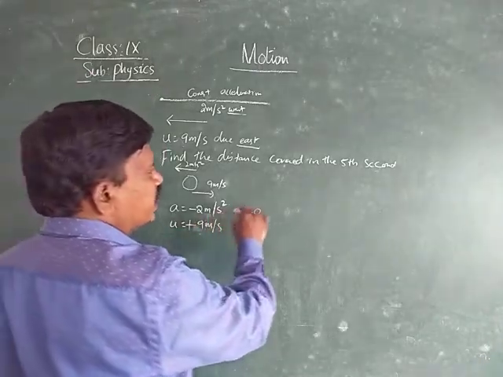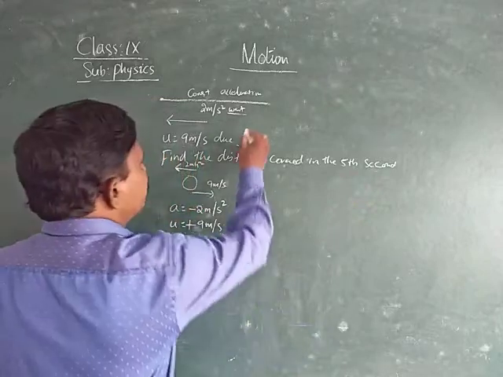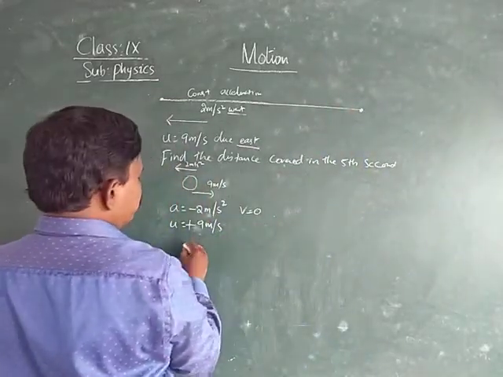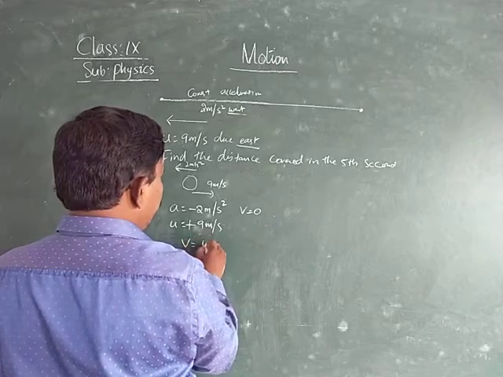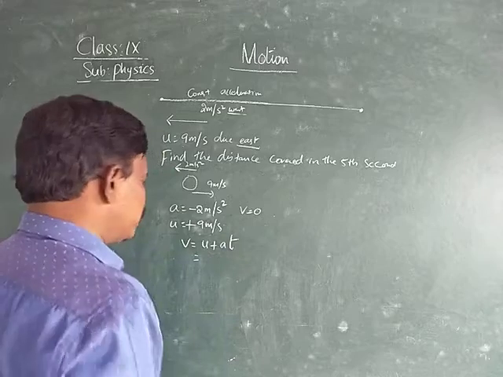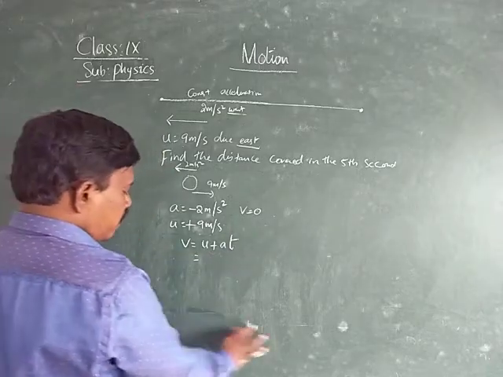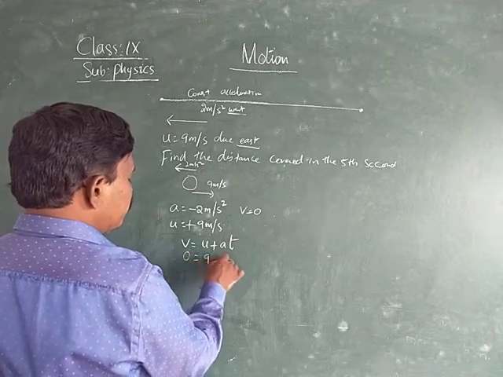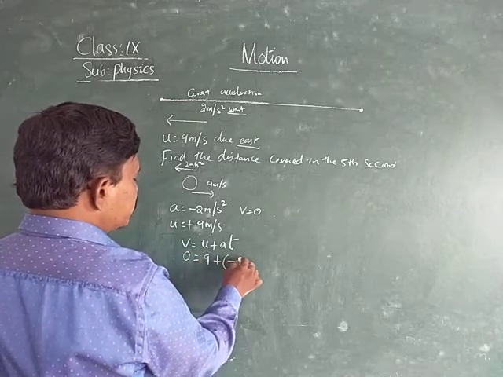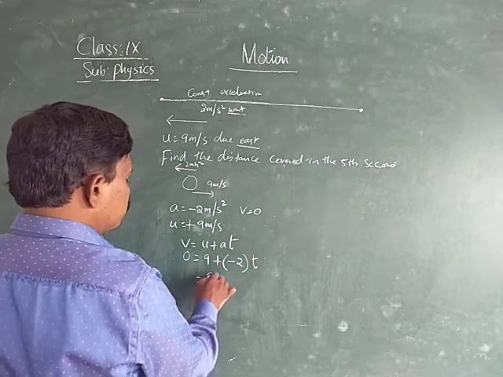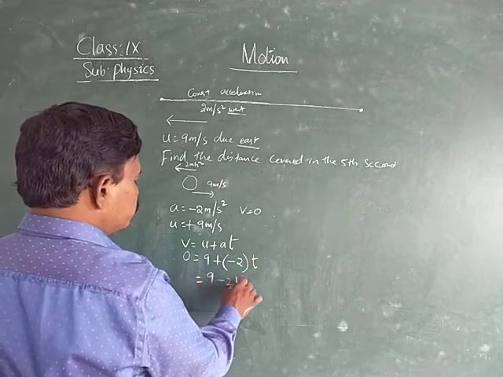Therefore, how much time is it taking from one place to another place? V is equal to U plus AT. Here V is 0, U is 9 plus minus 2 into T, that is equal to 9 minus 2T.